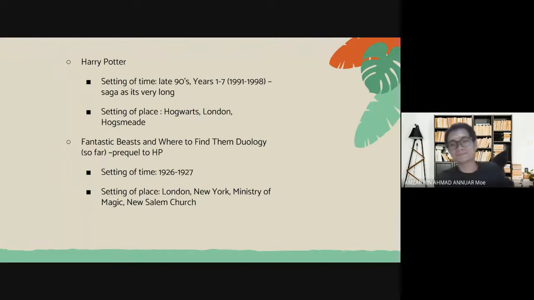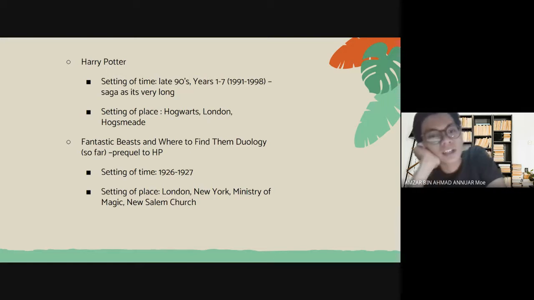Okay, fine. Now, next. The setting of place. Let's talk about the setting of place. Now, there are several, if not many places since it is a saga. Disebabkan dia adalah saga, ada banyak setting of place dan setting of time sebenarnya. But let's just focus on 3 for now. 3 that are most commonly takes place in.